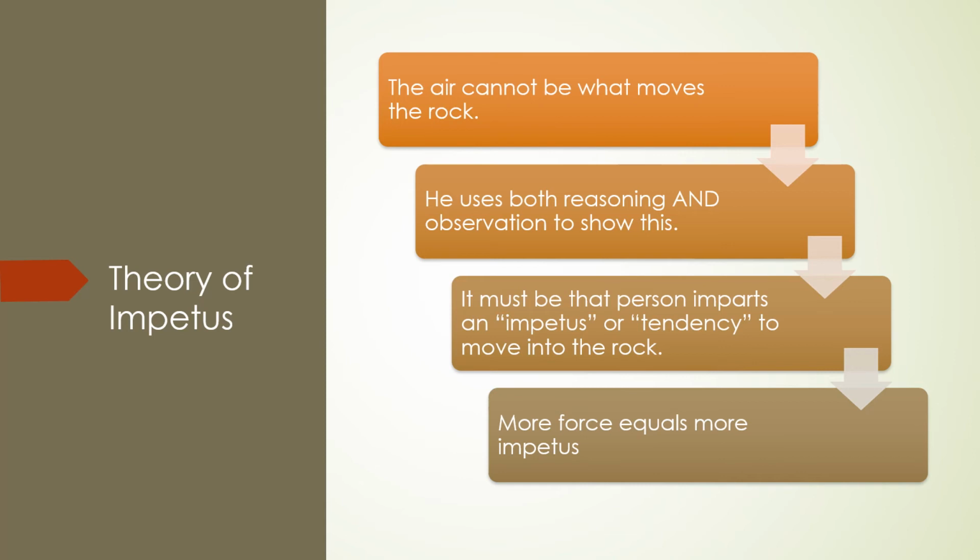So what is this theory of impetus that he is so famous for? Well, first of all, he realizes that the air cannot be what moves the rock. And he uses both reasoning and observation to show this. So he says, listen, if I go up to a rock and I blow on it with all my might, I will not move that rock 10 feet, right?